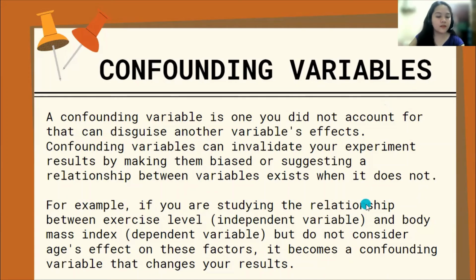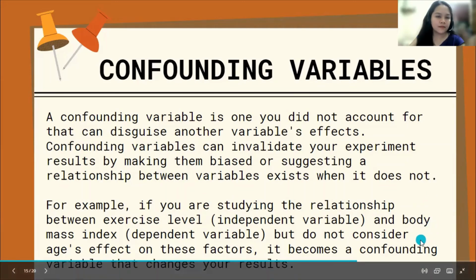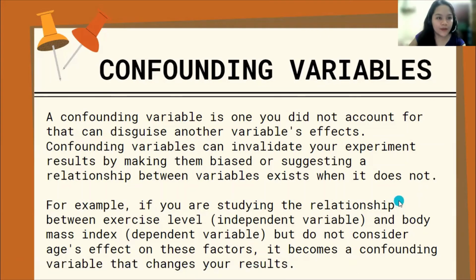For example, if you are studying the relationship between exercise level and body mass index, but do not consider age effect on these factors, it's becoming a confounding variable that changes your result. So, confounding variable can be interrelated to extraneous variables. They sometimes appear in studies and they can influence the result of the study.